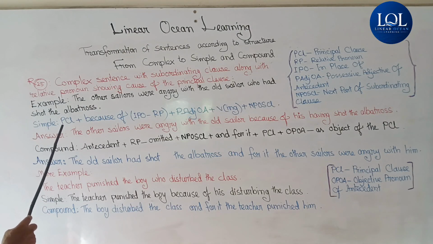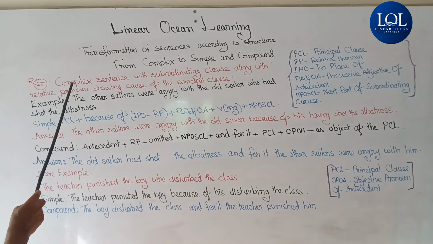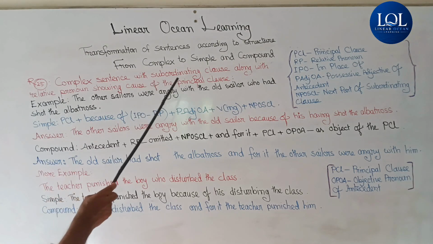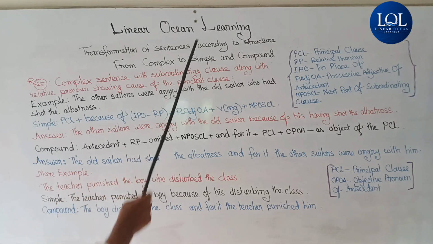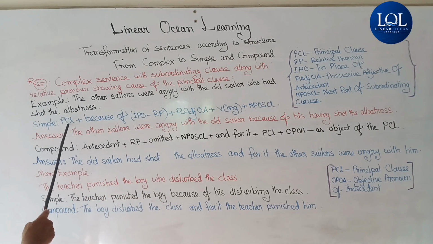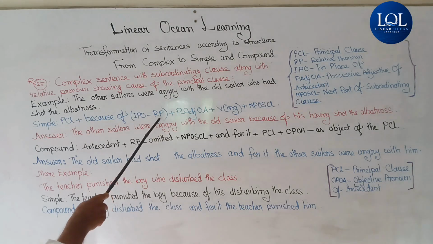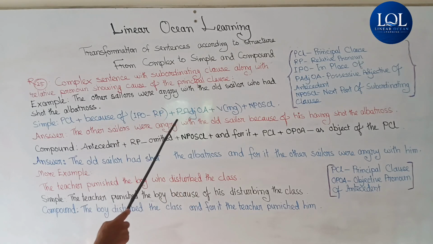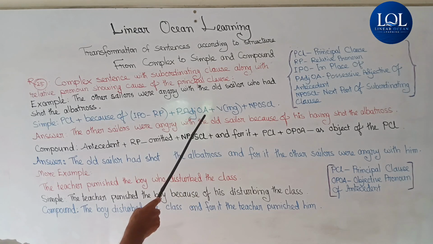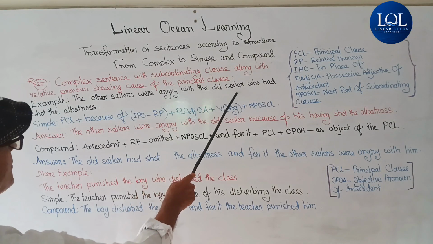Now, let's get to the structure of the simple sentence, how to transform the complex sentence with subordinating clause along with relative pronoun showing cause of the principal clause. PCl, because of IPO-RP, that means in place of relative pronoun we have to put because of, plus PADJ-OA, that means possessive adjective of antecedent. Here the antecedent is the old sailor.